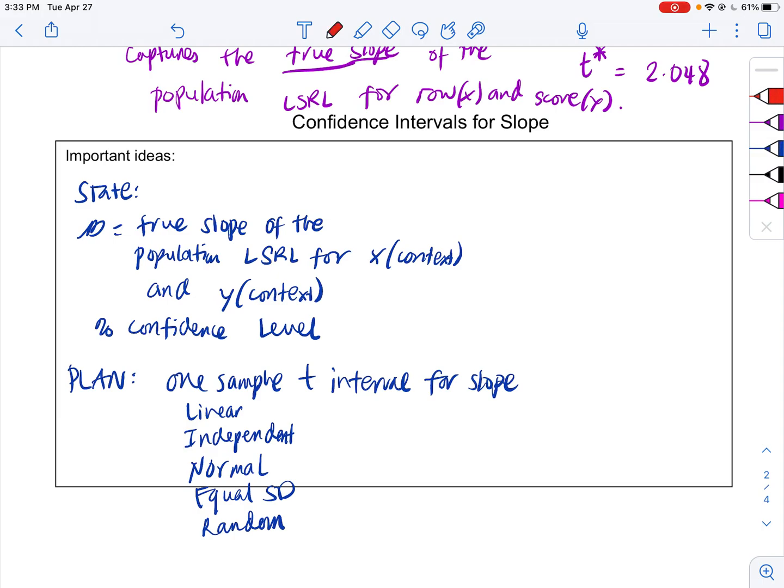And then our formula is b plus and minus t star times SB. And what else? DF. DF is n minus 2.